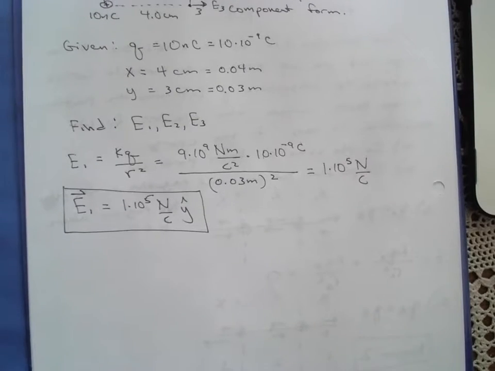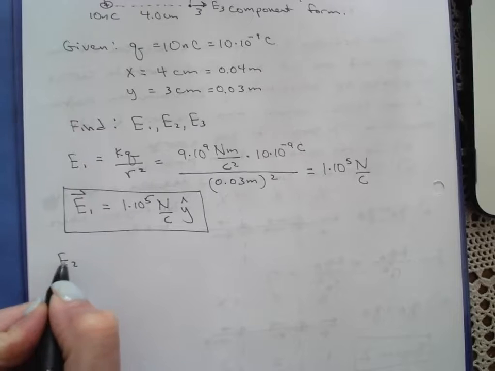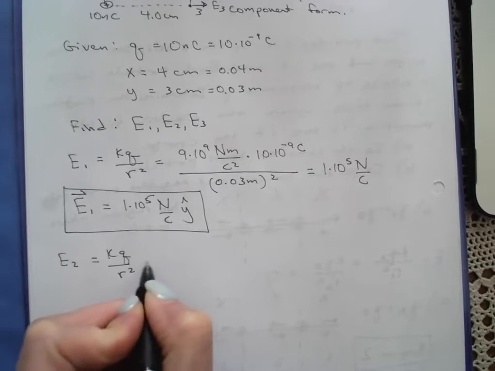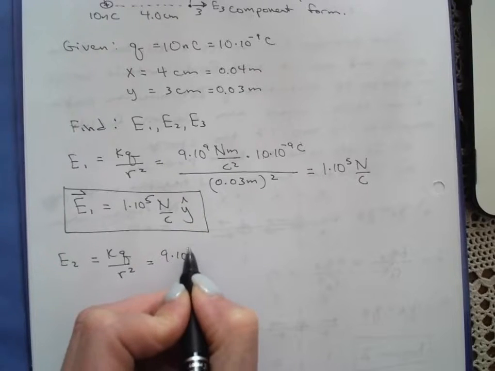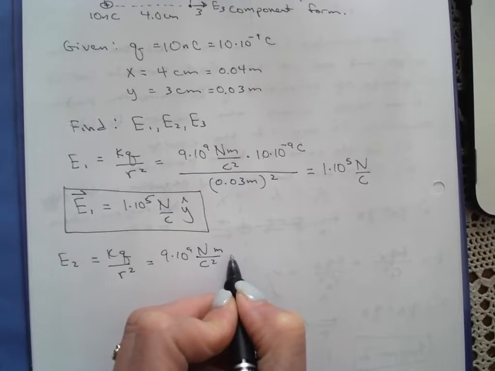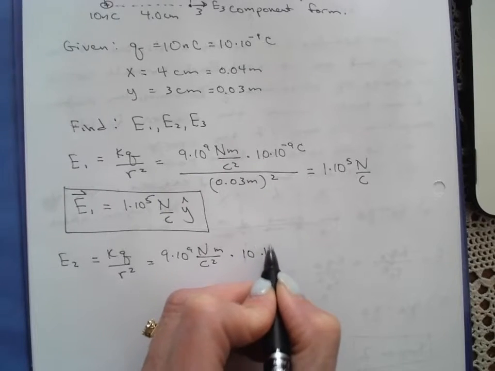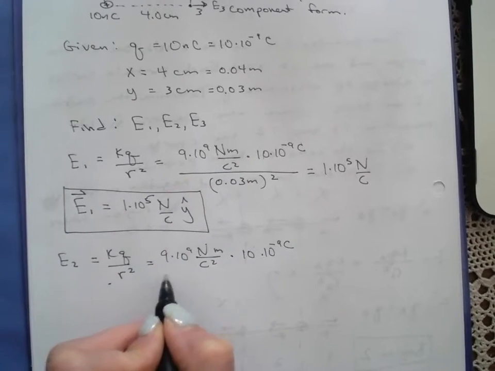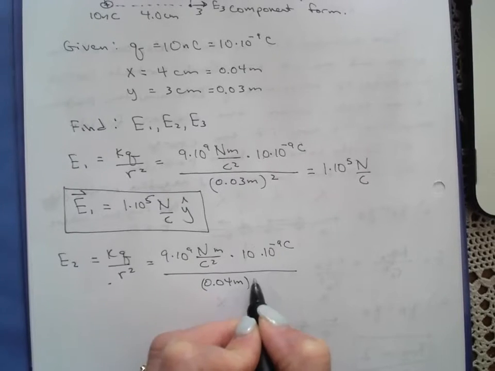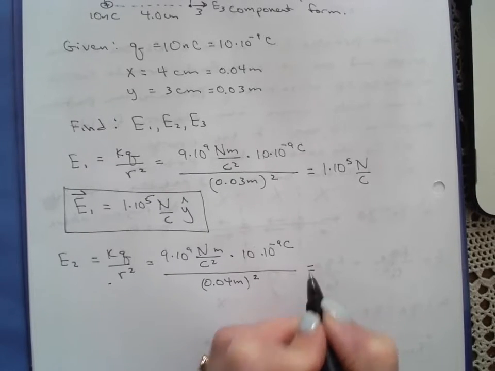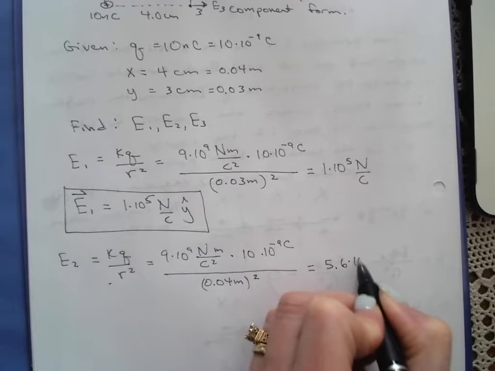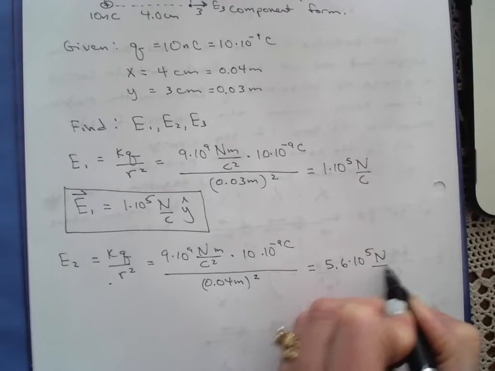So now we have E3, which is equal to, again, kQ over r squared, which is equal to 9 times 10 to the 9th newton meter squared per coulomb squared times 10 times 10 to the negative 9 coulombs over 0.04 meters squared. And here I get 5.6 times 10 to the 5th newtons per coulomb.